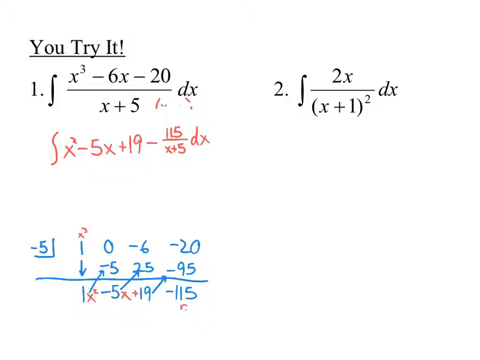Alright, now if you guys need a little more help with the synthetic division, I can help you with that later. But let's go ahead and finish off our integral here.